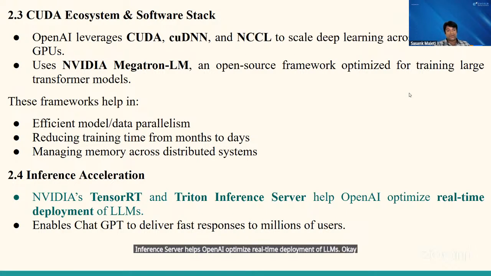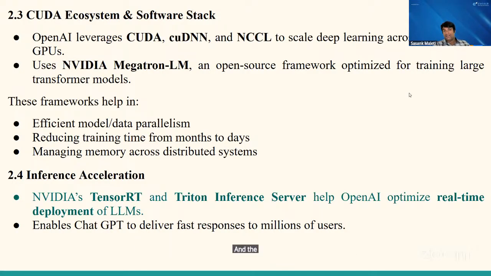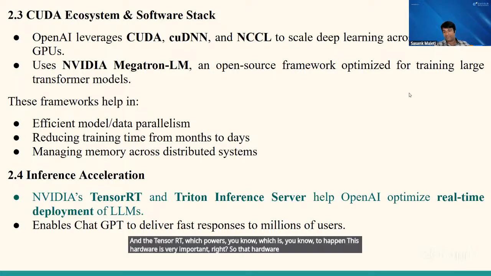This acceleration enables ChatGPT to deliver faster responses to millions of users. That is happening through the Triton inference server and TensorRT. The hardware is very important, right? That hardware is provided by NVIDIA.